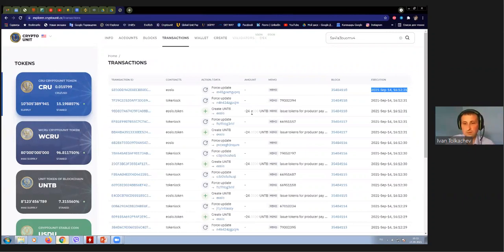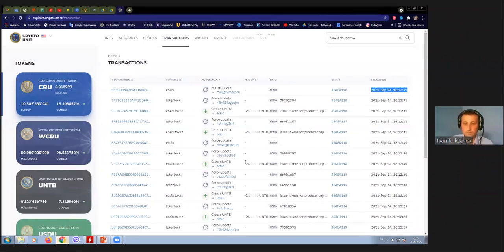For instance, here we have this transaction, and this is the force update action. You may conclude that someone pressed the button force update in his wallet to update some data about this wallet. Let's pick another example.